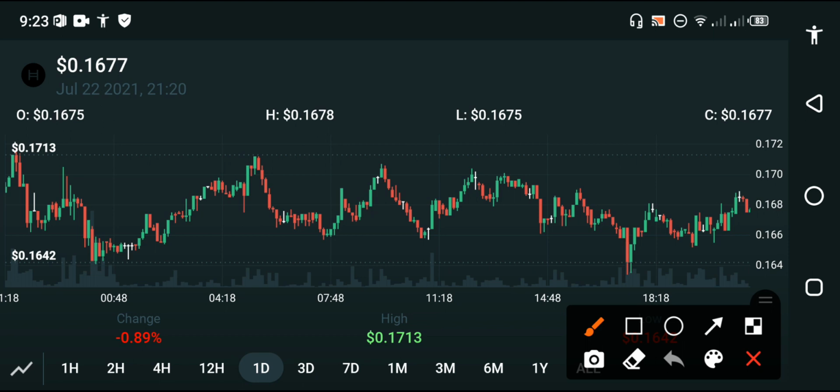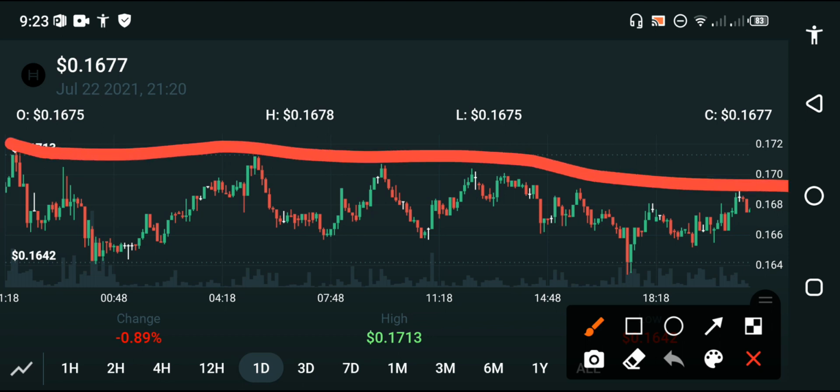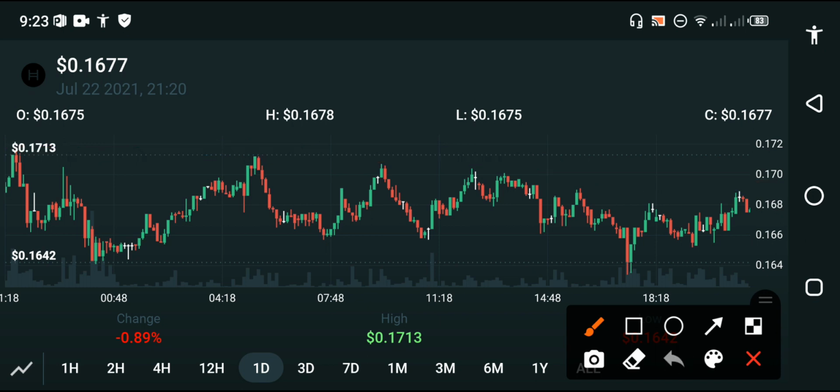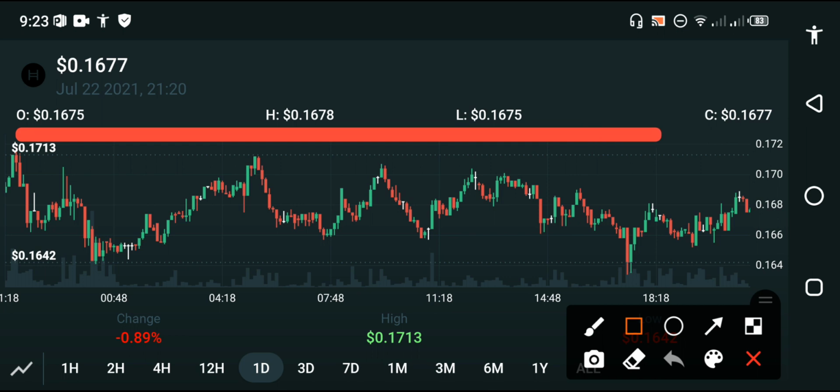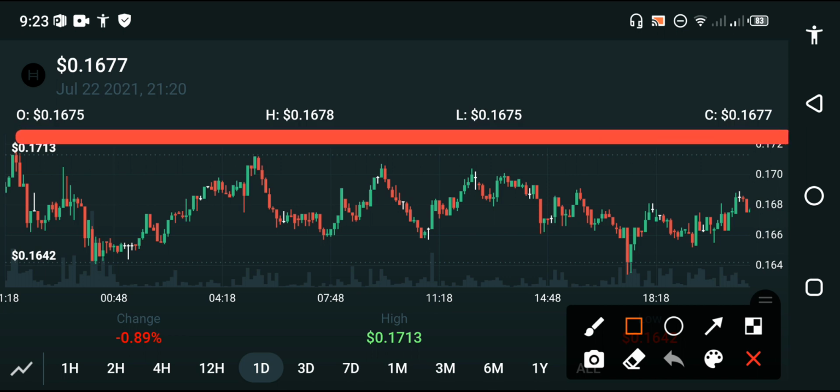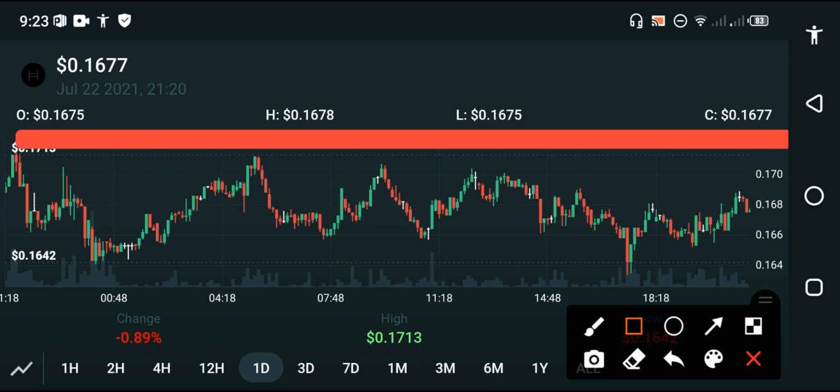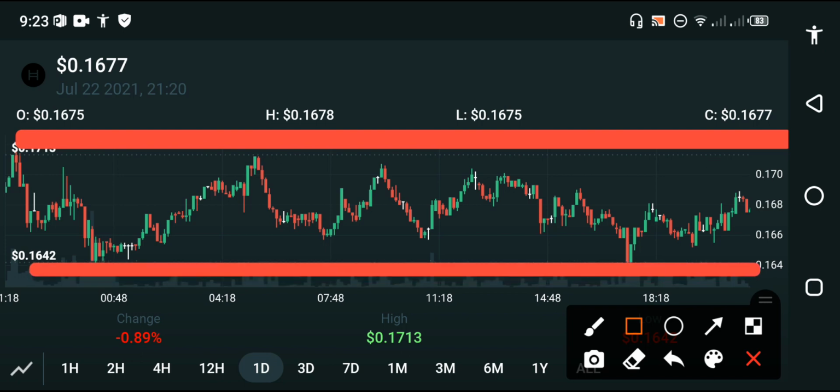My friend, first of all, let's do a technical analysis of the price chart. You can see here, my friends, let's suppose that is a... sorry, the line is going wrong, but let's draw a straight line. Now that is a resistance and that is a support line.